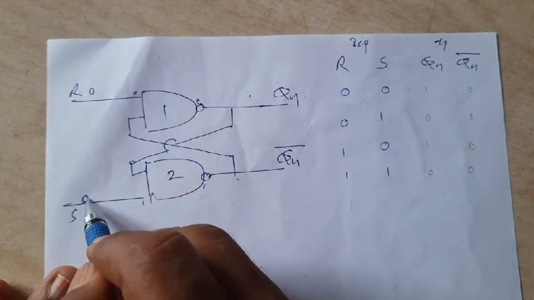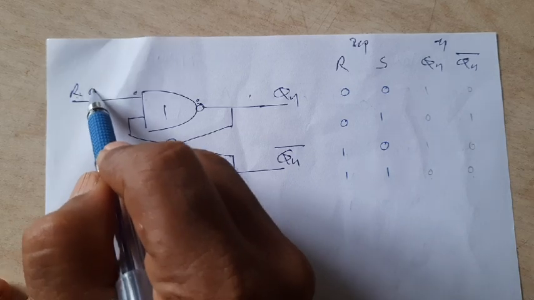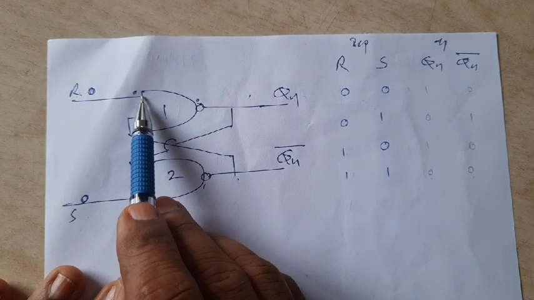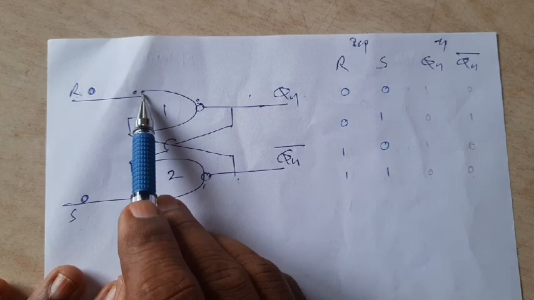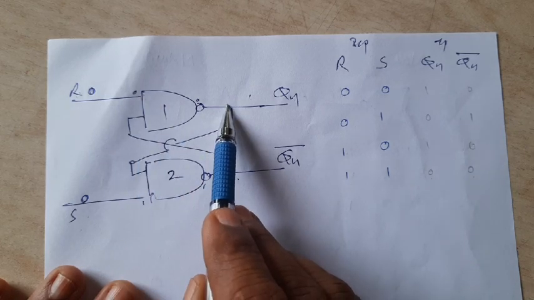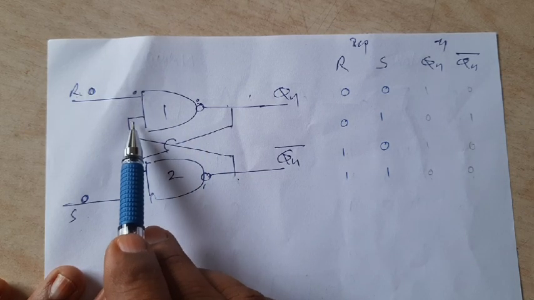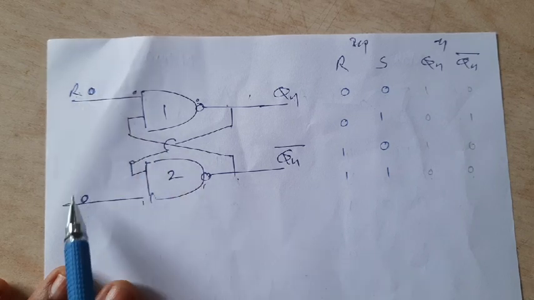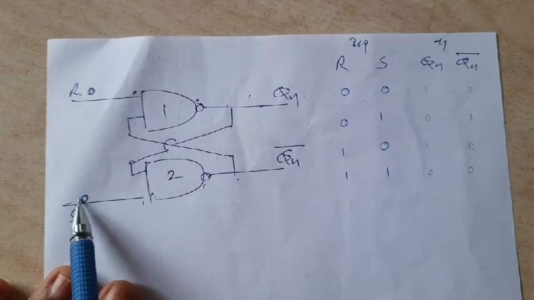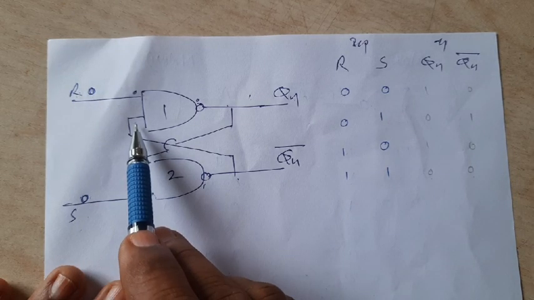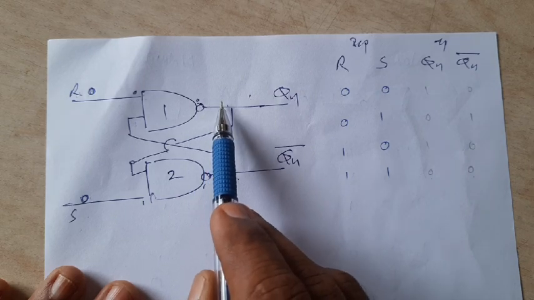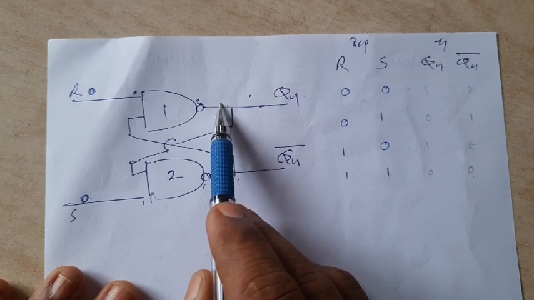Now suppose both inputs are 0 0, then for a NAND gate the output depends on the remaining input. Actually for 0 0, irrespective of the other input, the output will be 1.